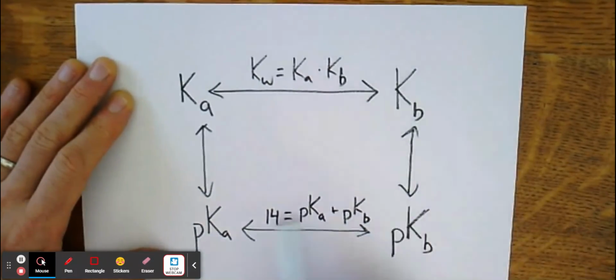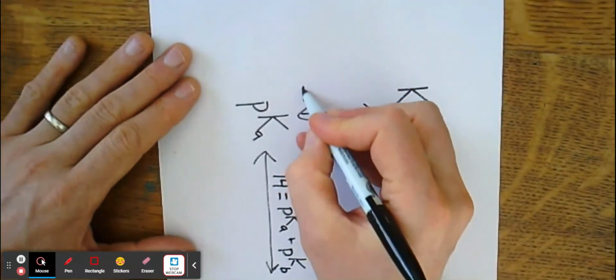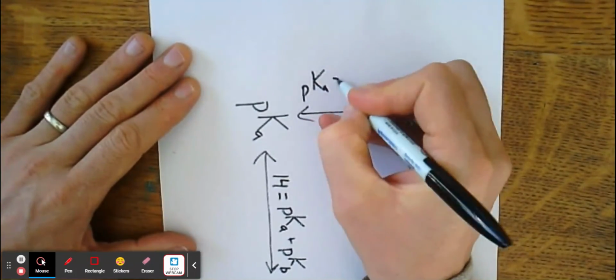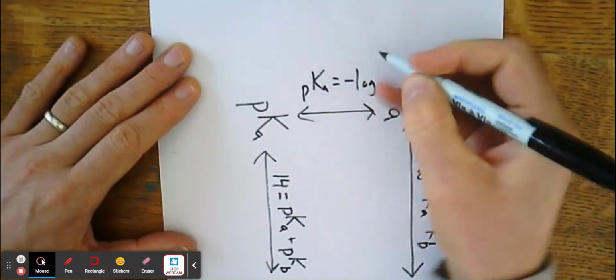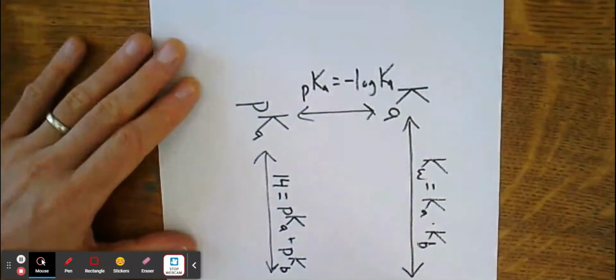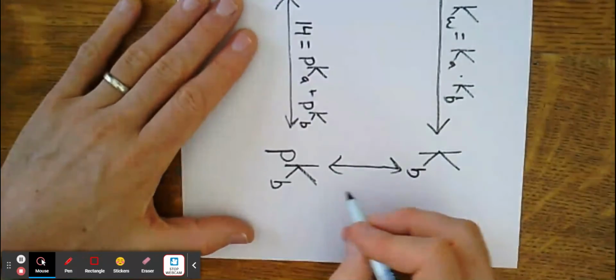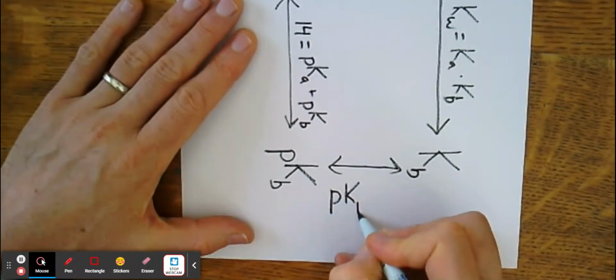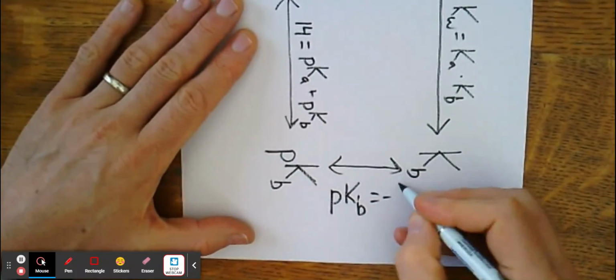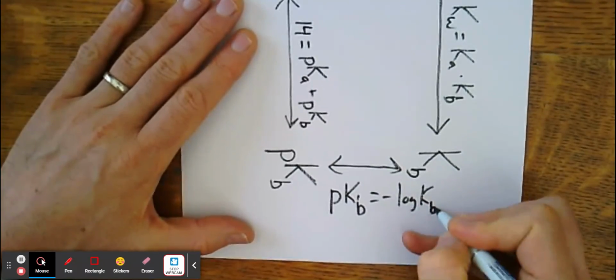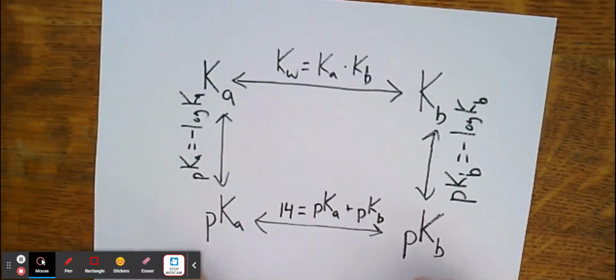You're going to use that to go back and forth. And for your pKa's and your pKb's, you're going to use the log. And there's our second formula box.